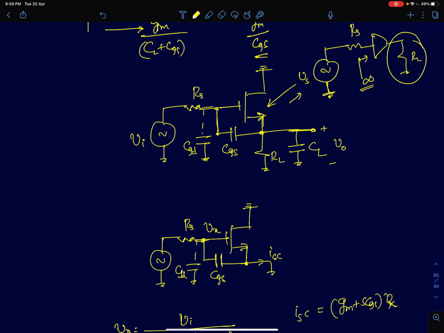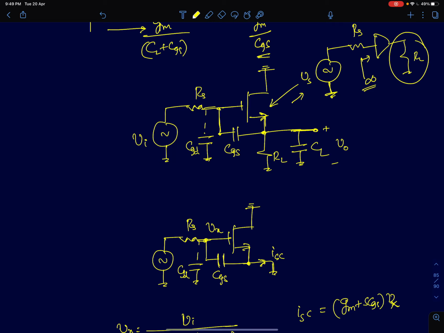To find the short circuit transconductance, I've grounded the output node and I'm going to measure the short circuit current flowing at the output node. Since the output is at ground, I'll also include CGD in the analysis. So at the input, you have RS and CGD plus CGS. It looks very similar to a common source amplifier's input.